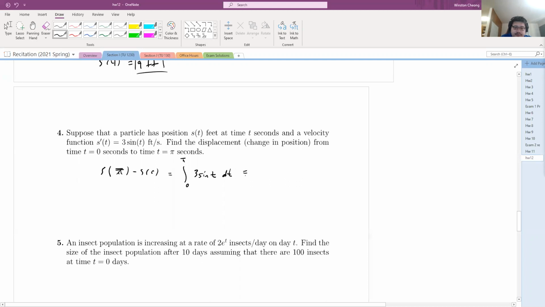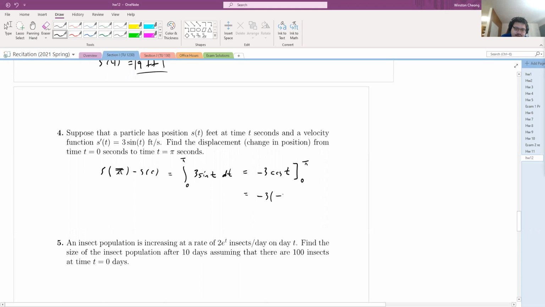And this time we just had to integrate this. So this would become -3 cosine of t, and we want to then evaluate this from 0 to pi. And so we can evaluate this.